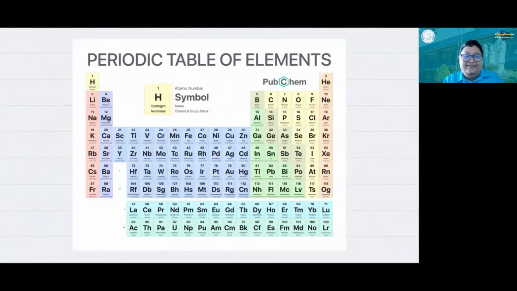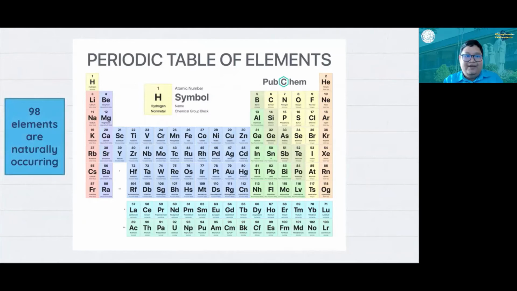Of the 118 known elements up to this day, 98 elements are naturally occurring, meaning to say they can be found naturally in our environment. And the remaining 20 are said to be synthetic, meaning to say these elements are generated or synthetically made inside the laboratory.